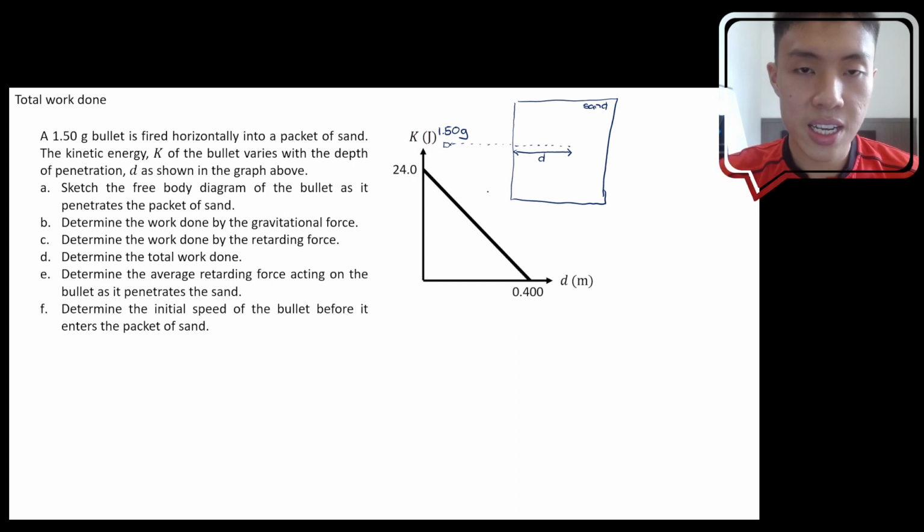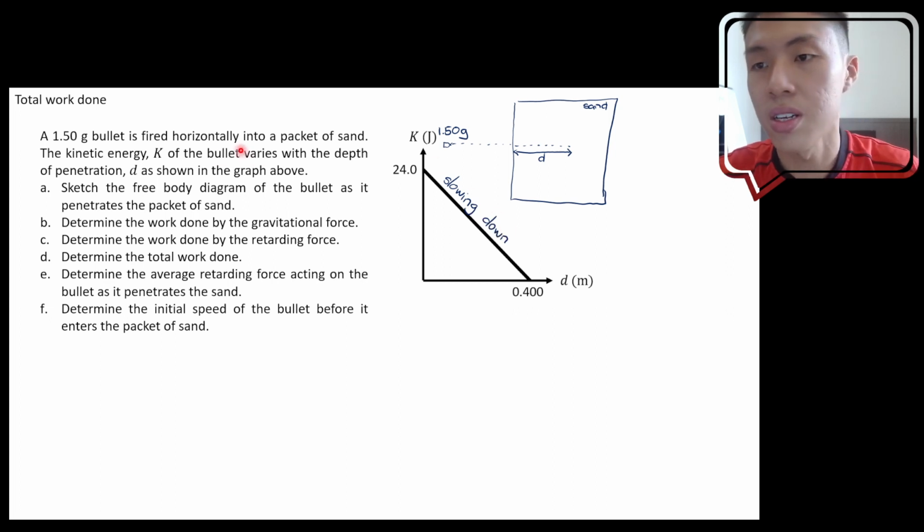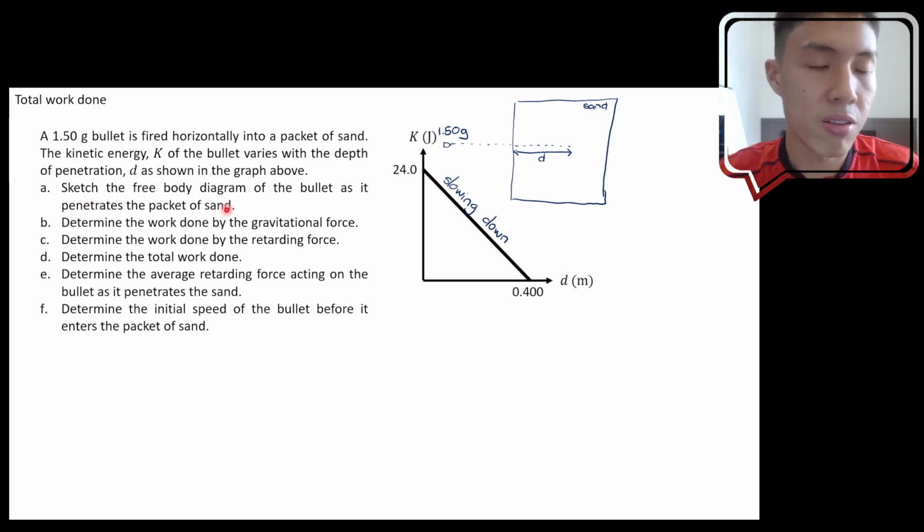So this kinetic energy decreasing here means the speed is decreasing as well. So what we can know is that the bullet is actually slowing down through this journey into the packet of sand over here. Okay, sketch the free body diagram of the bullet as it penetrates the packet of sand.